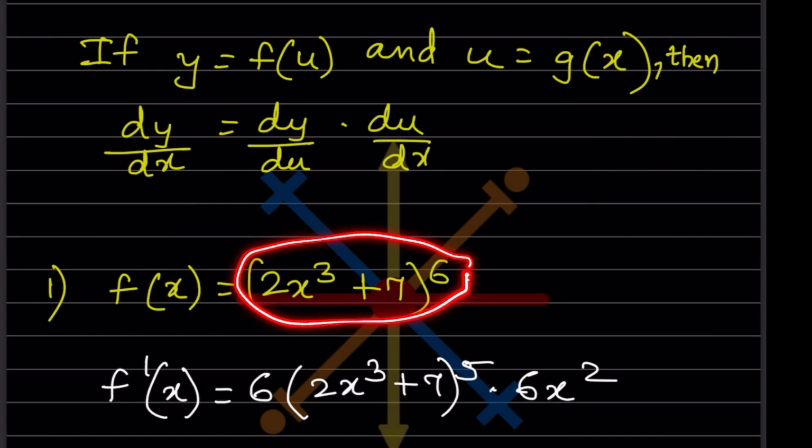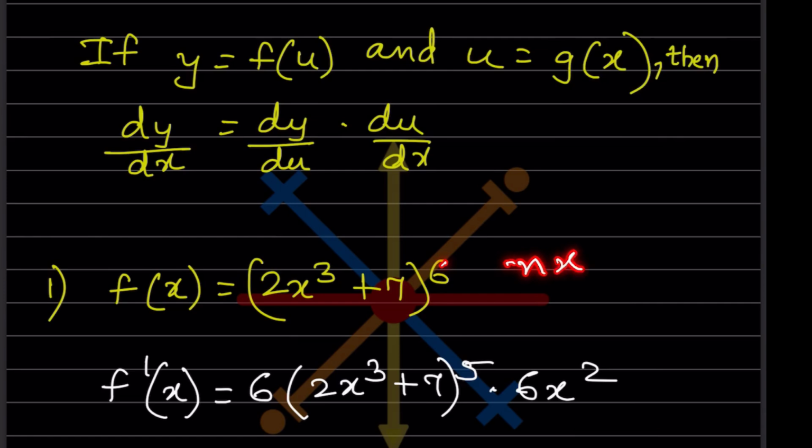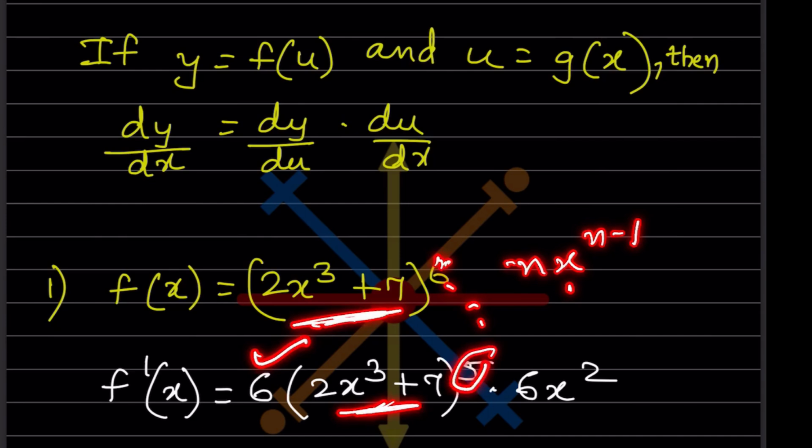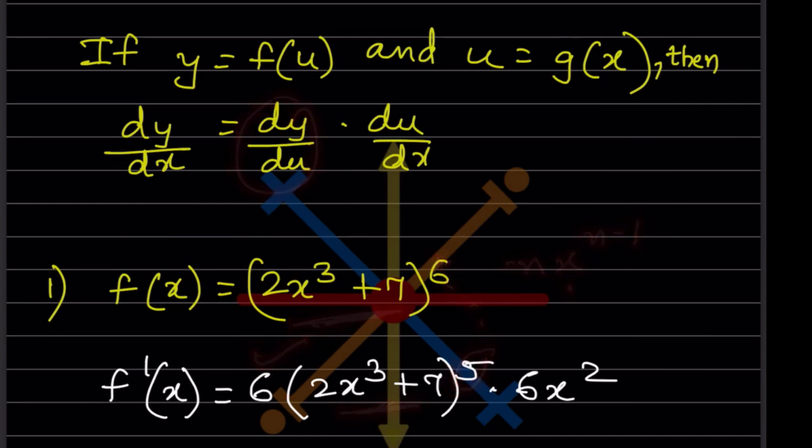The derivative of this is going to be n x raised to n minus 1. So this 6 will go here, this part will be as it is, and n minus 1 means 6 minus 1, that is going to be 5. So this is the dy by du part.